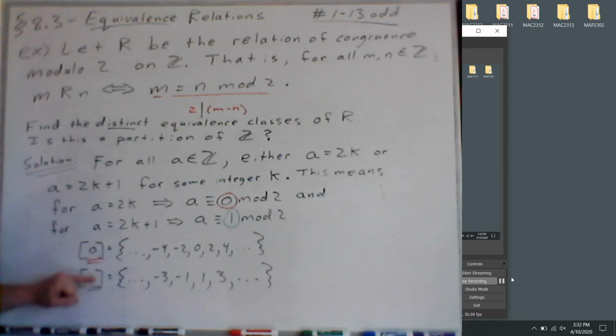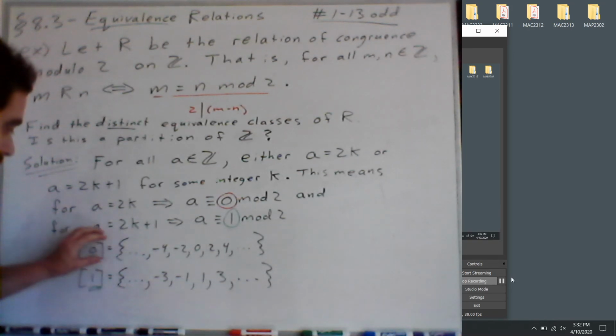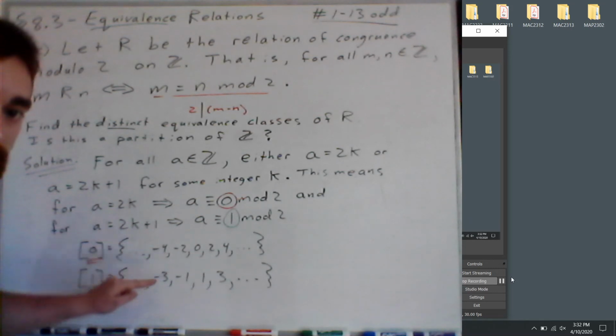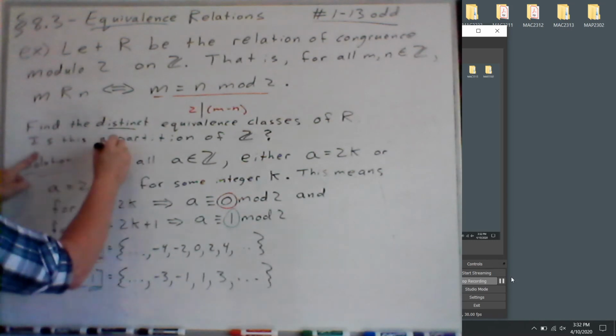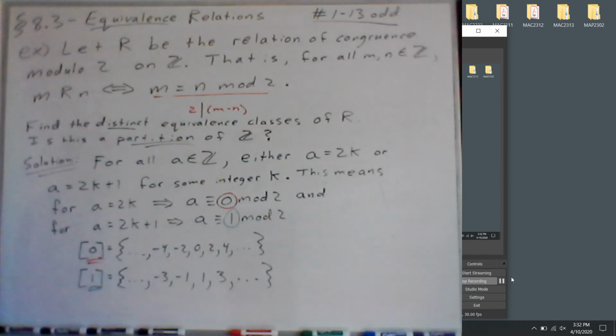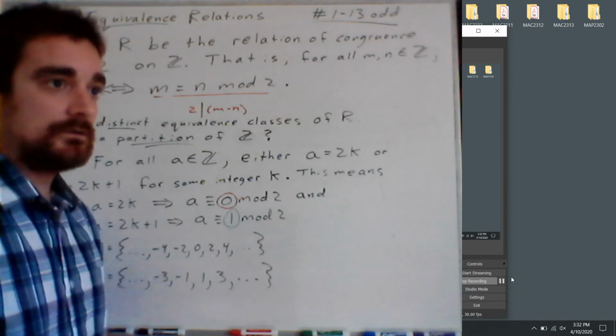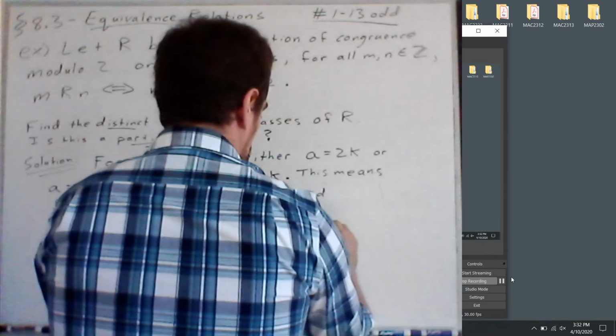So when we look at these two equivalence classes, they're distinct. Here's all the evens, there's all the odds. Does this form a partition of the integers? Yes, it does, because every integer is either even or odd.